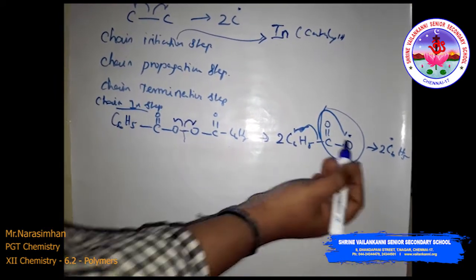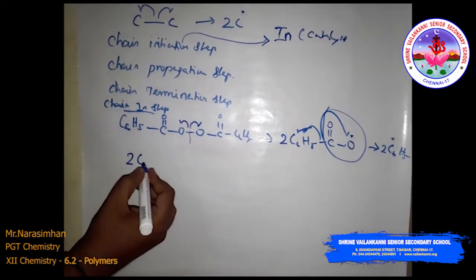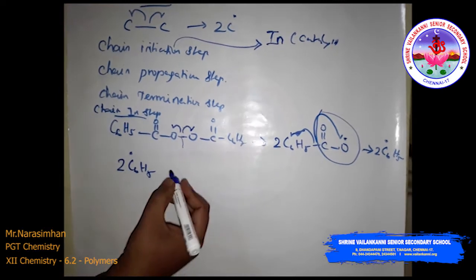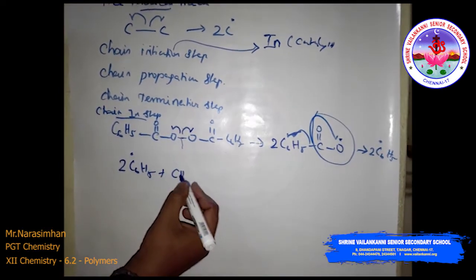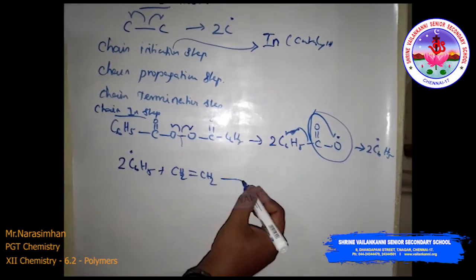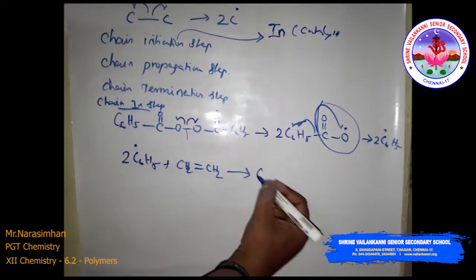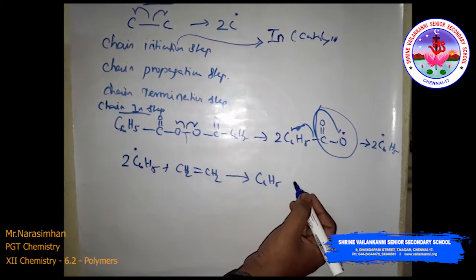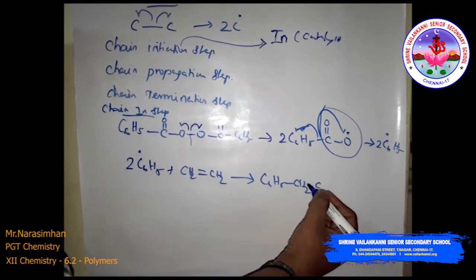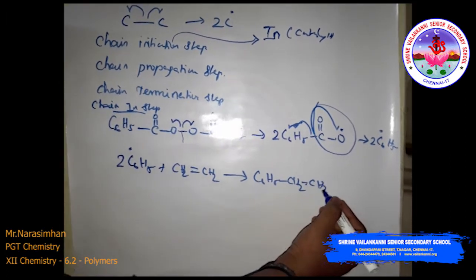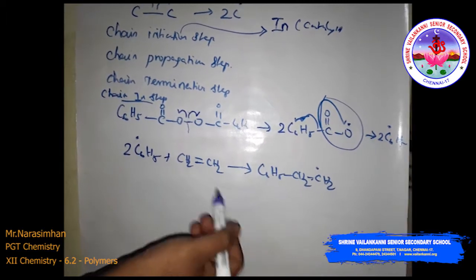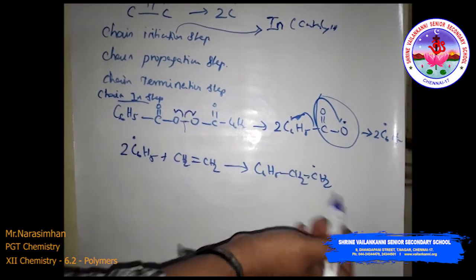That means the C6H5 phenyl radical reacts with the double bond of ethene to form a larger radical, C6H5 CH2 CH2 radical. Here, with the addition of ethene, the molecule size increases.